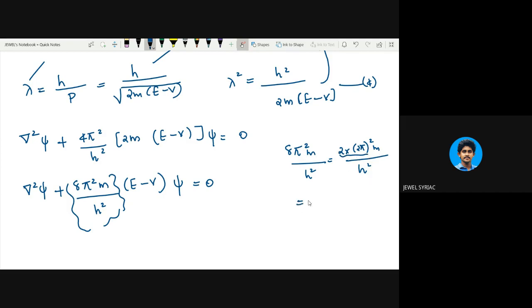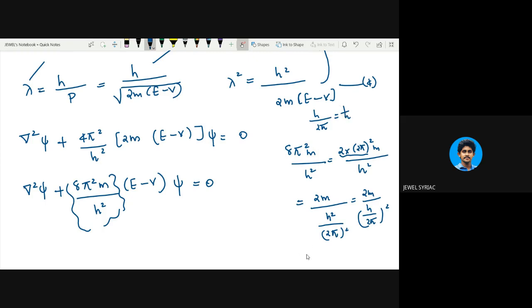Or we can write this as 2 into m divided by h square by 2 pi all square, or 2m by h by 2 pi all square. What is h by 2 pi? We know h by 2 pi is the reduced Planck's constant, h cut. If h is Planck's constant, then h by 2 pi represents the reduced Planck's constant, h cut.